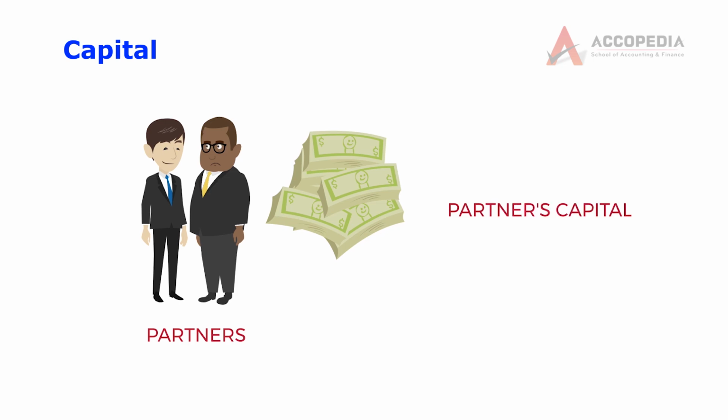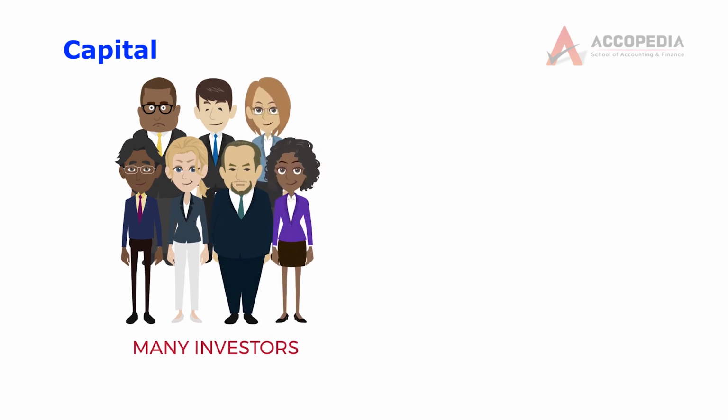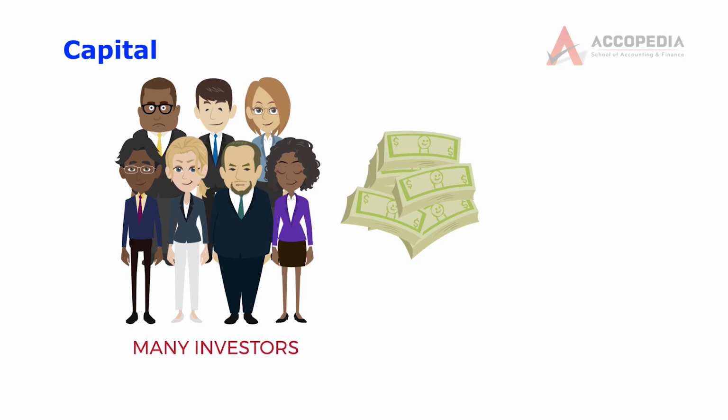It is known as partners' capital. If thousands of owners have invested money in the business, then it becomes a company, and everybody has invested in a small share of the company's capital, then that is known as share capital.